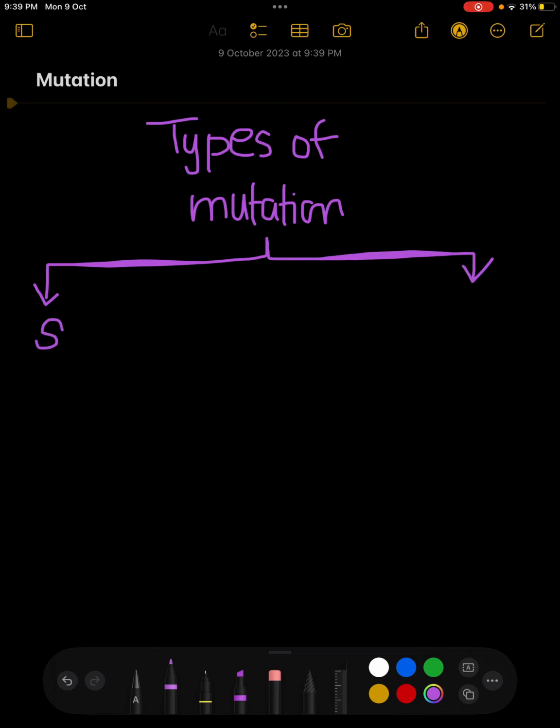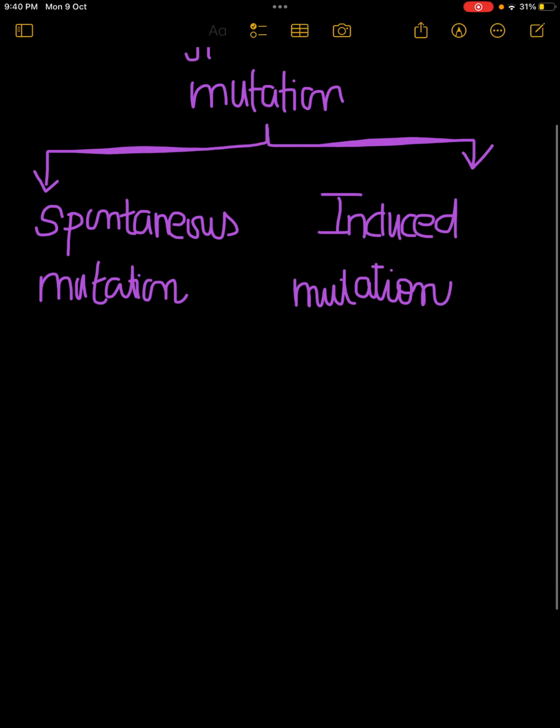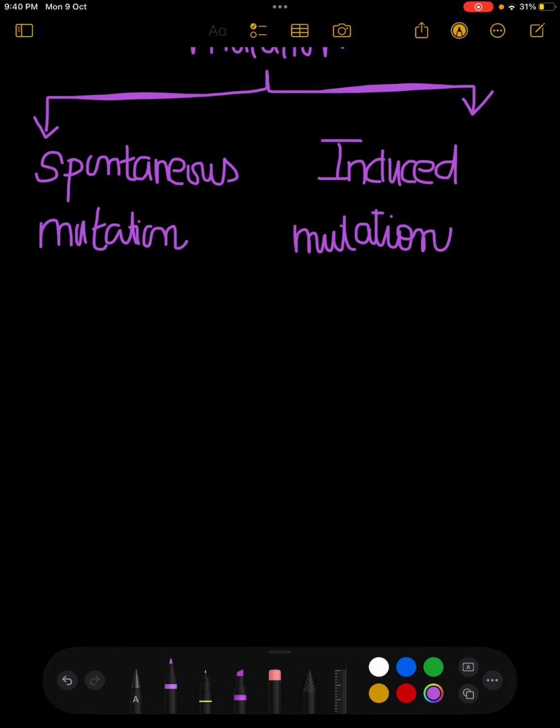The first one is spontaneous mutation, and the second one is basically artificial mutation, or you can say the induced mutation. Spontaneous mutation is something which happens naturally.